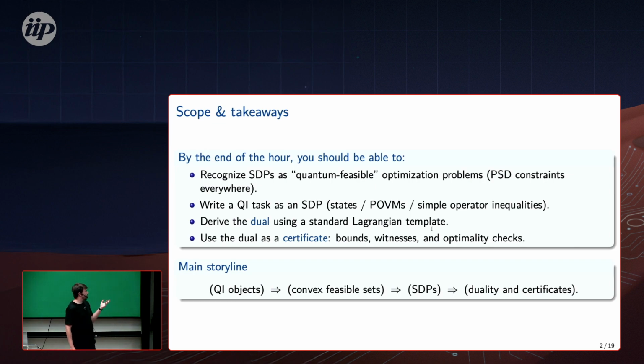And I'll write some quantum information tasks as SDPs, so that you can get a first feeling as to why you should probably care about SDPs, and the duality theory, which is something very nice about convex optimization problems in general, but we'll focus on SDPs, and how this duality theory gives you a lot of structure as well about how optimal points of these optimization problems look like, how you get certificates. Often these dual problems also have operational interpretations. So this is the story we're going to look at today.